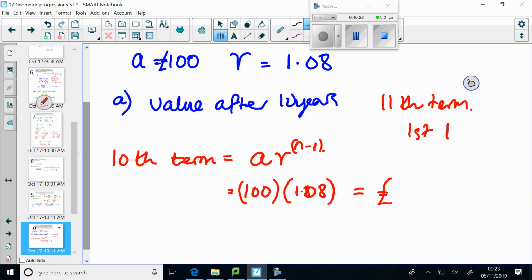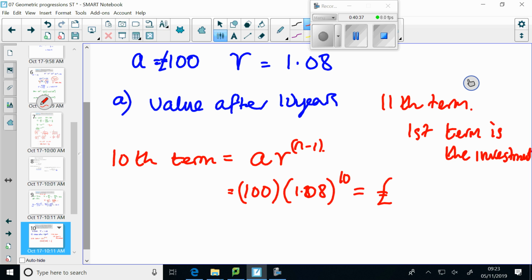Just put a note there: first term is the investment. So we want it after 10 years, we're going to be looking for the 11th term. You all understand that? Yeah?